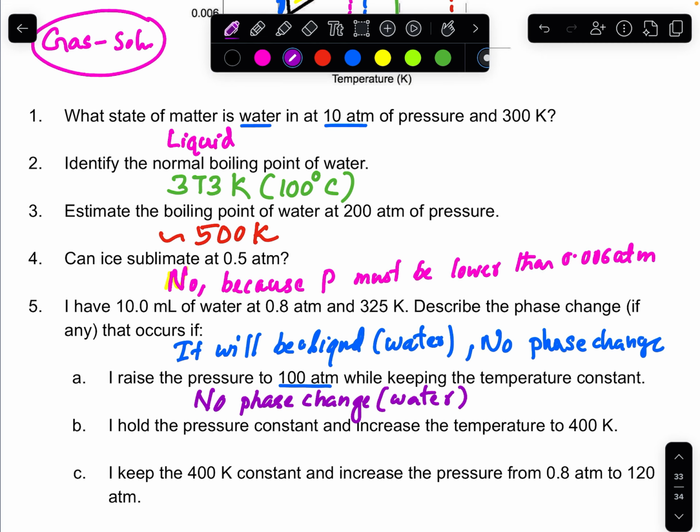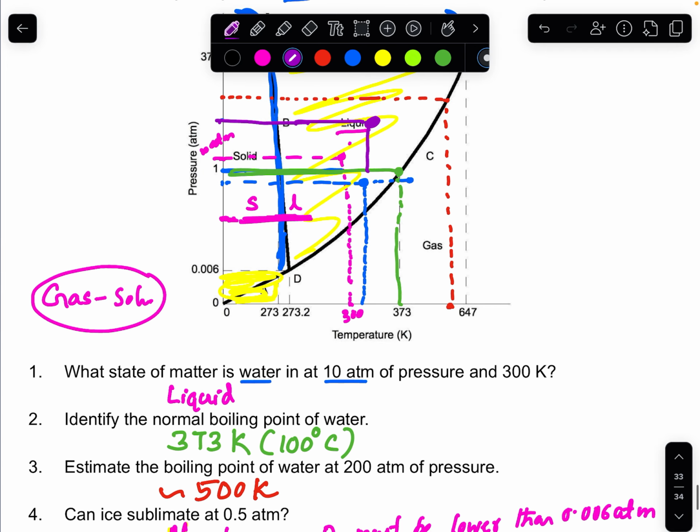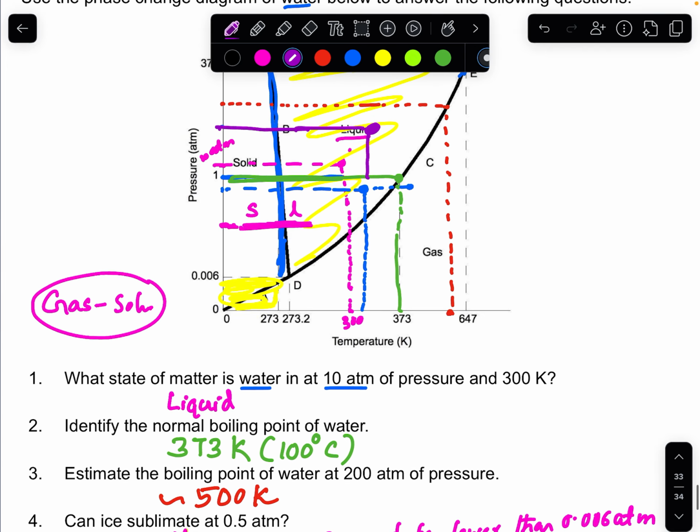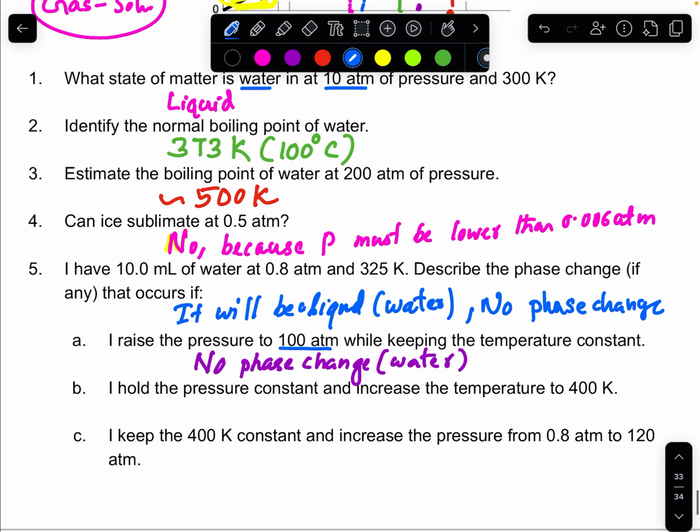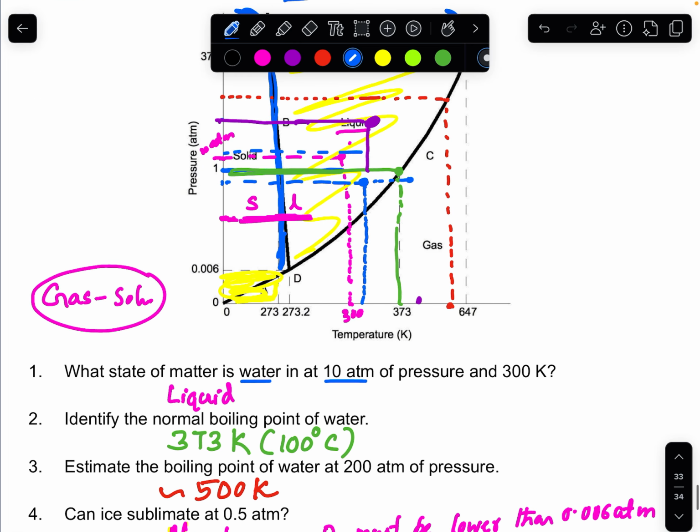Now I hold the pressure constant and the temperature is 400 Kelvin. Okay, so we are keeping the pressure constant, 0.8 atm, and the temperature is now 400 Kelvin, so I would say that will be here.